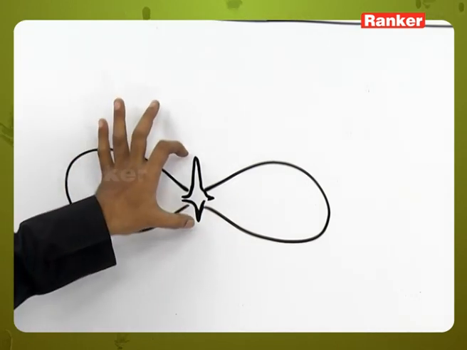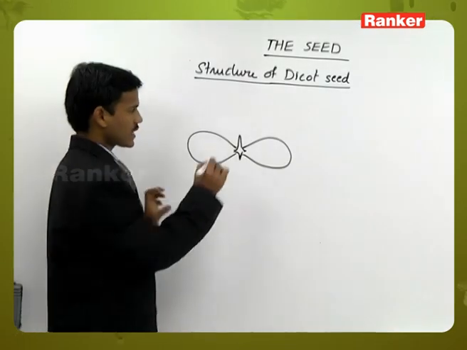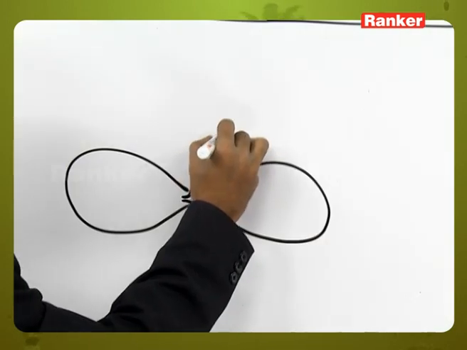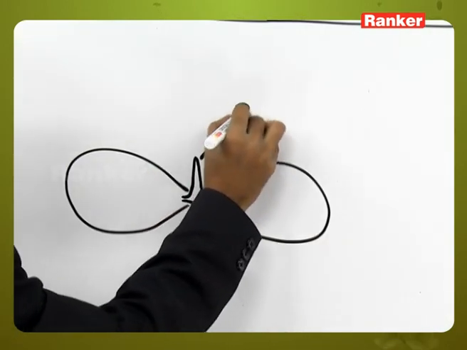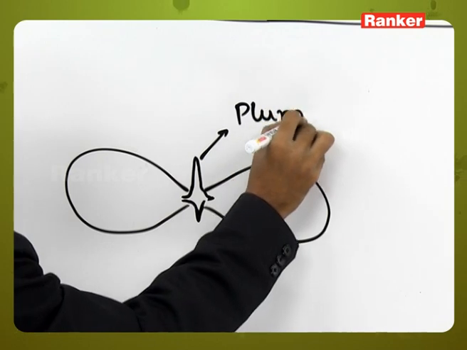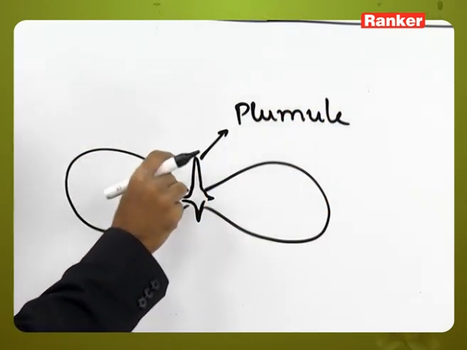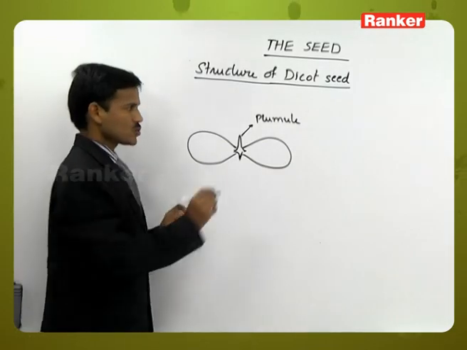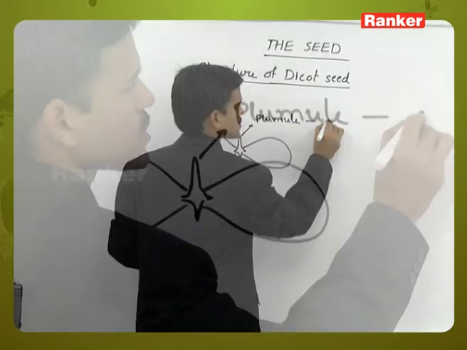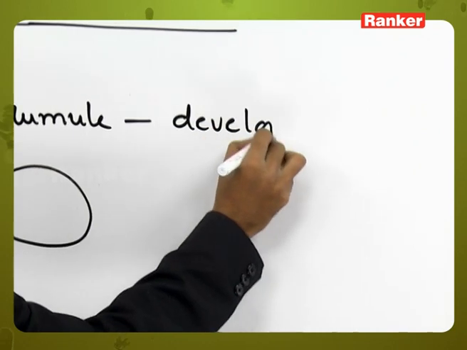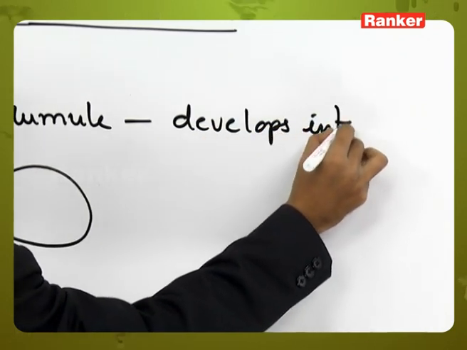This is the embryonal axis. One end is with the plumule, and the plumule develops into the shoot system.